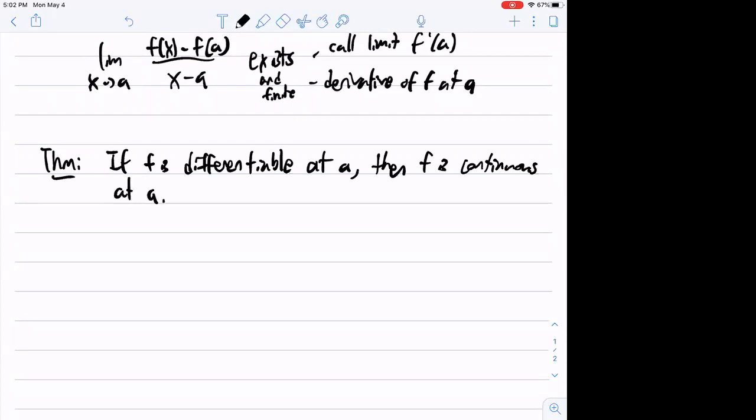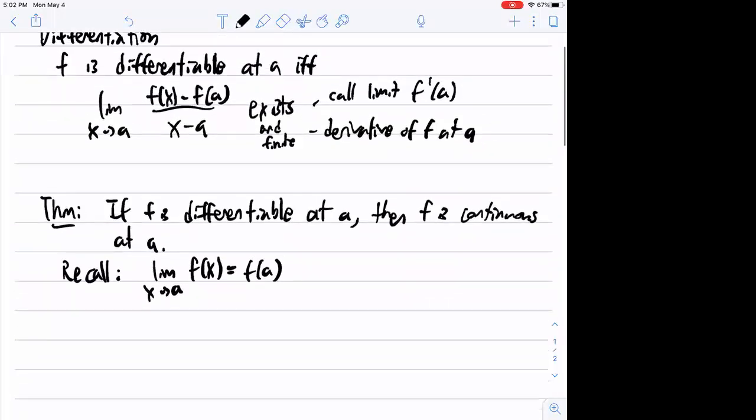So note here, it's very easy to see this, right? What does continuity mean? So recall that continuity means this, right? In particular, you can sort of see it's basically this is small, right? Basically f(x) minus f(a) goes to 0 as x goes to a.